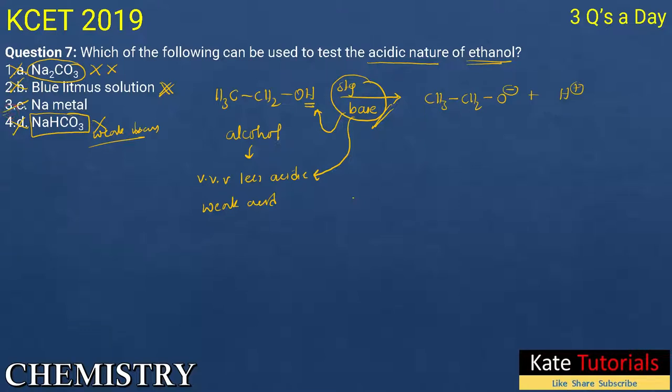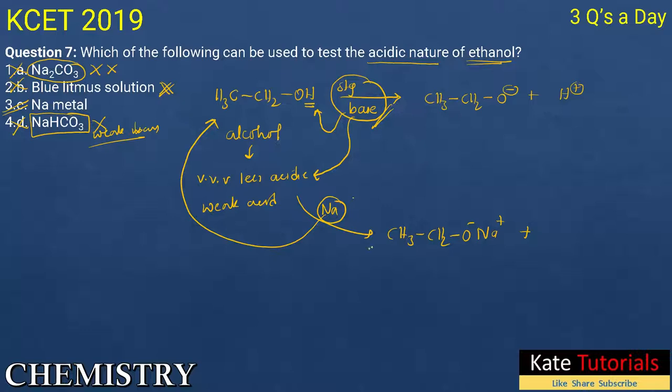The correct answer is C, sodium. In the chapter on alcohols we have studied that whenever we have ethanol, if we put sodium metal in it, there will be a vigorous reaction to form CH3CH2O minus Na plus, and H plus will be released. So only with sodium this alcohol will react. Why? Because this metal can easily undergo conversion to Na plus.